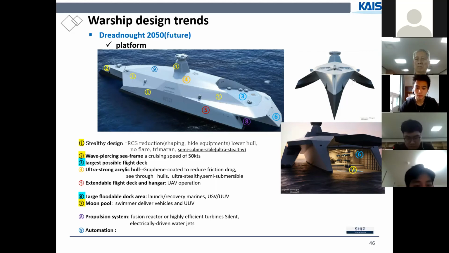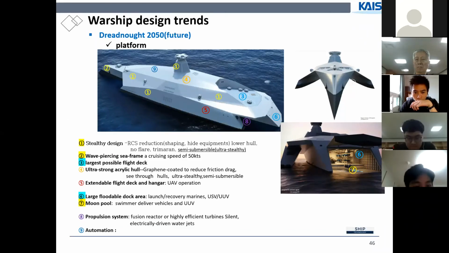Largest possible deck, for UAV and helicopter operations, and ultra strong acrylic hulls.